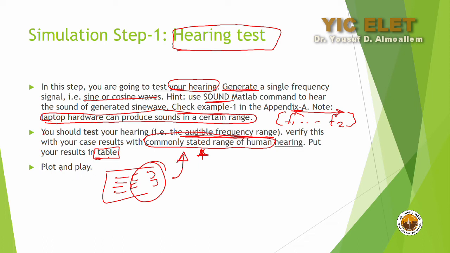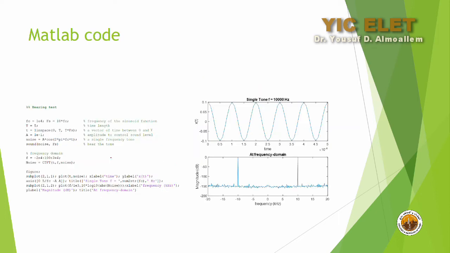In this, you have to plot the generated noise and play it to test your ability to hear it. This is a Matlab code sample that you can use. Here you can see the frequency that we are testing. Using this frequency, we have created this noise signal.